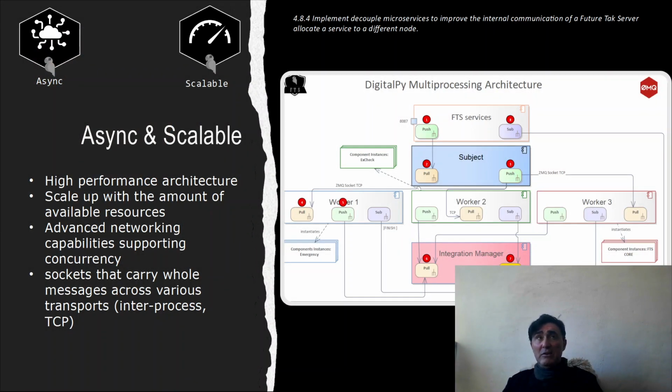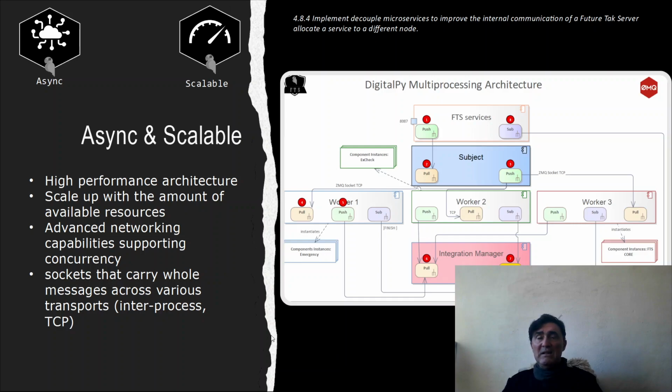So with FTS 2.0, we are implementing a complete asynchronous and scalable system for a high performance architecture that we can scale out with the amount of available resources, with advanced network capability, supporting concurrency, and we can carry messages across various transports like interprocess and TCP.